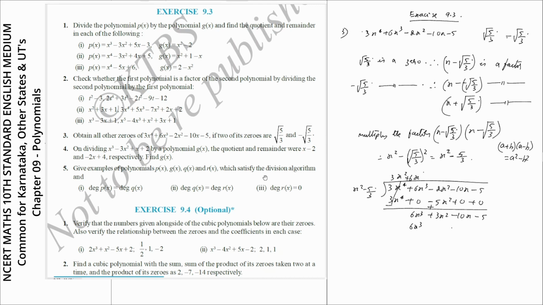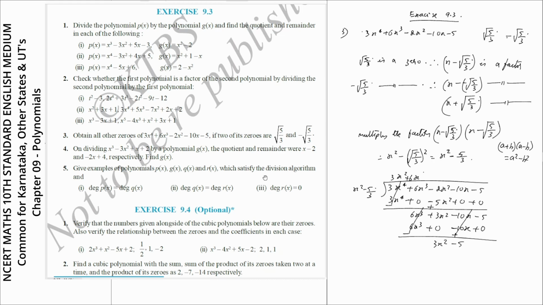I'll get minus 10x. So here I'll put 0, here I'll put 0. Now change the sign, minus here plus. So below 0 there's no need to change, it doesn't matter. So these two will get cancelled, these two will get cancelled. Now I'll get 3x square minus 5.